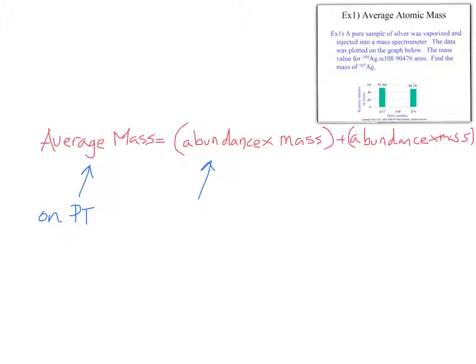Abundance, this would be the percent abundance of the particular isotope in fraction form. So for example, in this question, we're dealing with silver, which has an abundance of 51.84%. In fraction form, that would be 0.5184. And then mass, that would be the mass of that particular isotope.